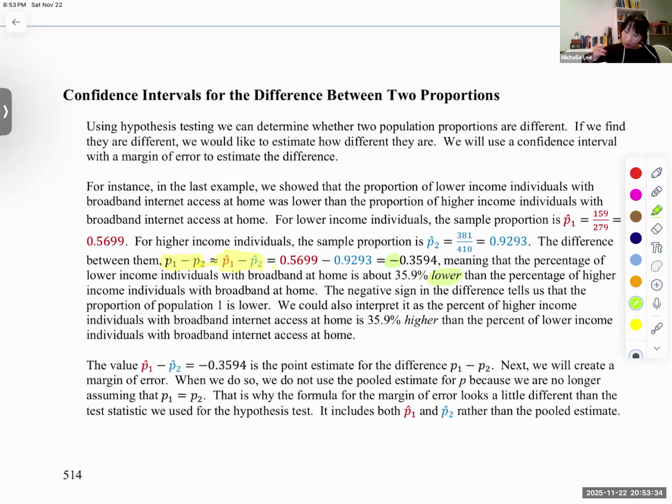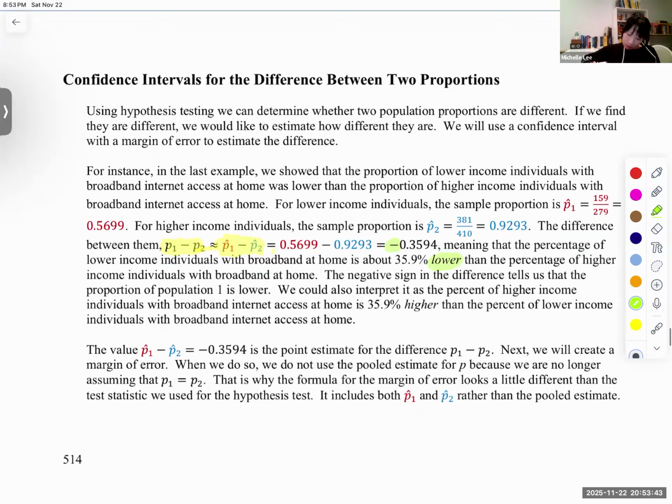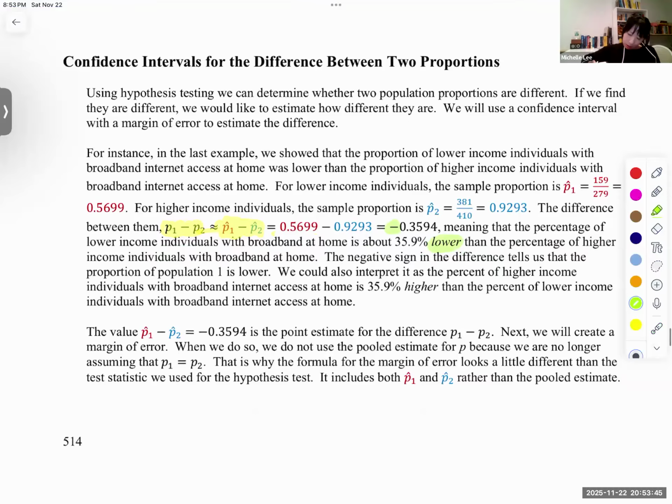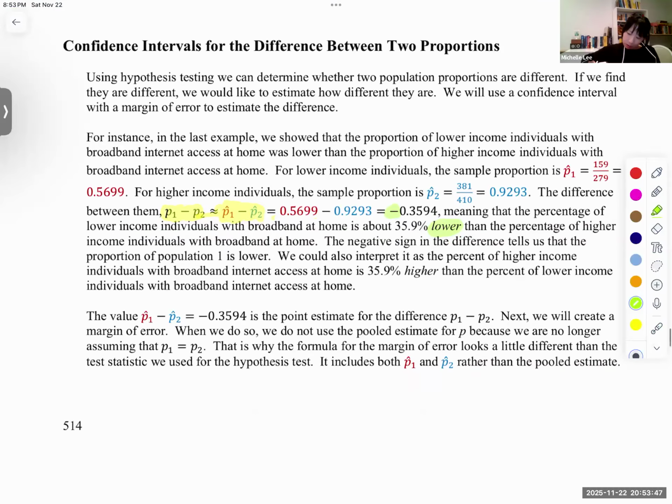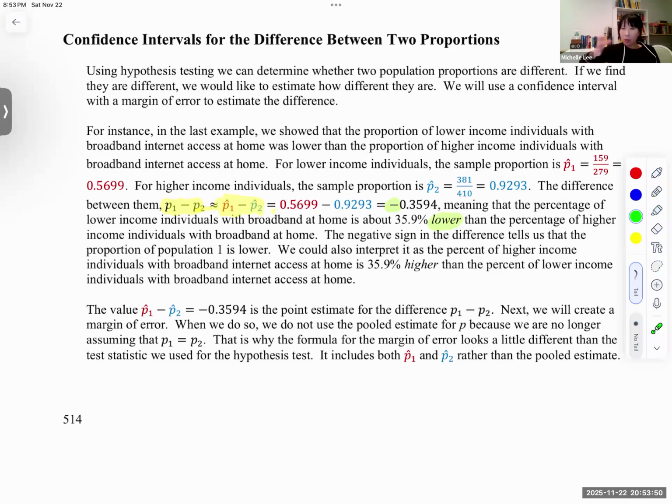In other words, if we have a positive, then that's higher, right? Then the percentage of higher income individuals with broadband at home, if we say it the other way, as a percentage of higher income, then we can say that it is 35.9% higher than, right?